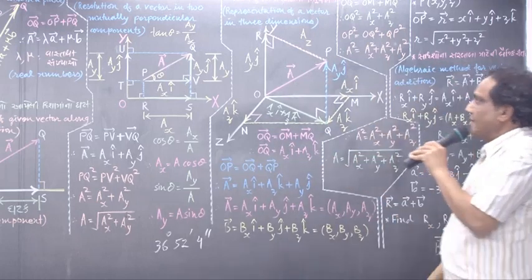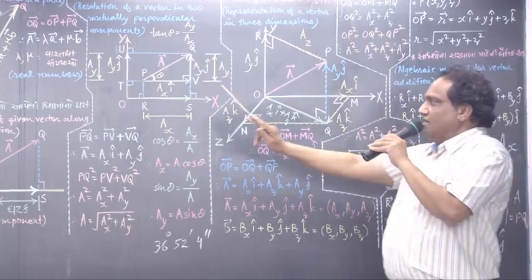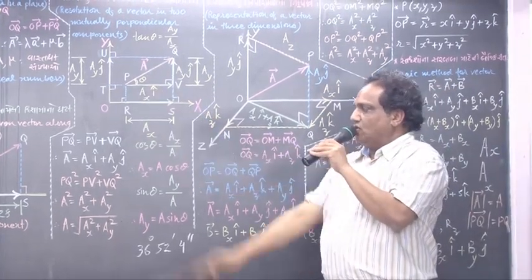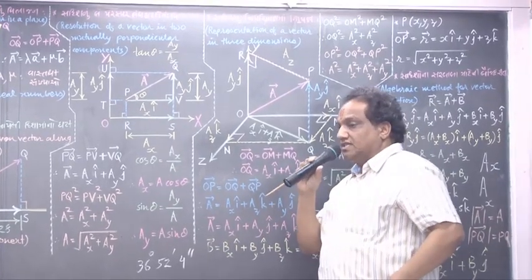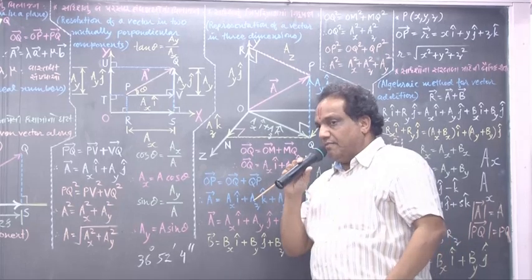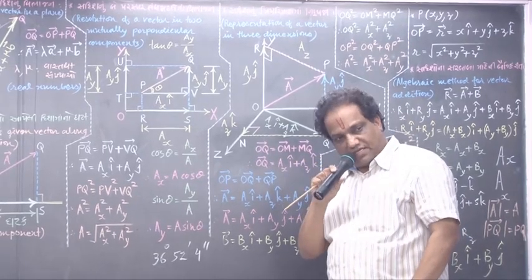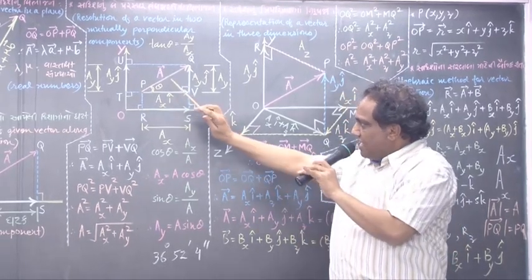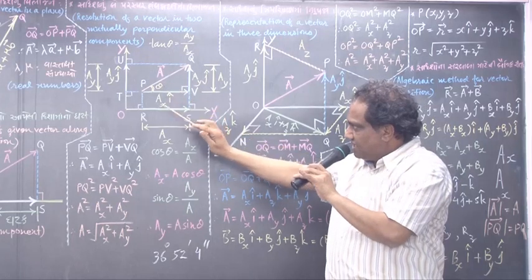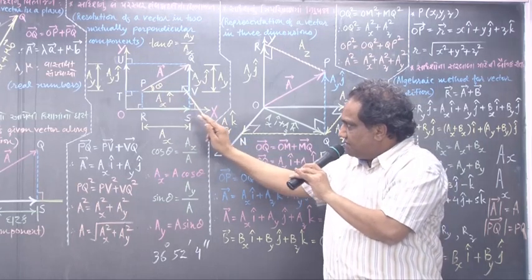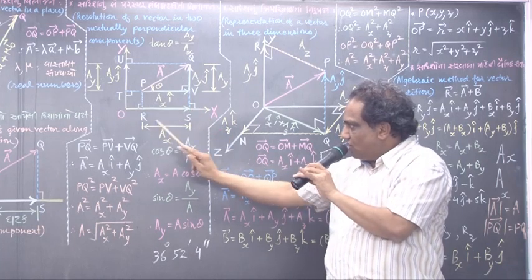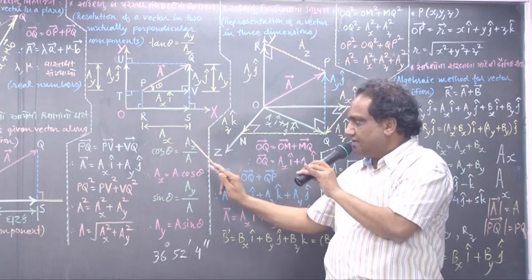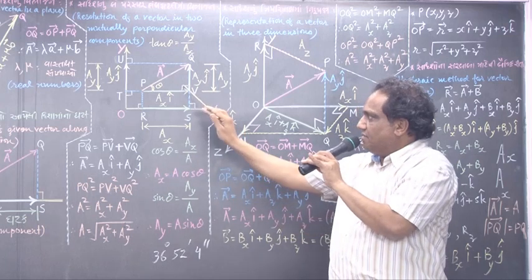Fine. Now find out cos theta. What is cos theta in a right angle triangle? Adjacent side to theta divided by hypotenuse. Correct? Adjacent side to theta is this much, or AX, divided by the hypotenuse.